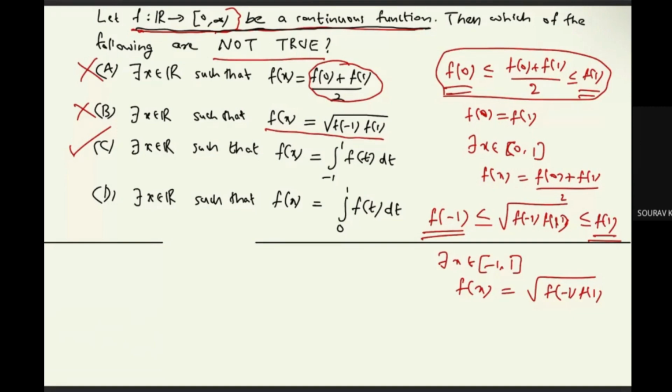So f is a function from R to 0 to infinity. When you restrict f to the closed interval 0, 1, what do you know about continuous functions on a closed interval AB? It is bounded, and it has a maximum and a minimum, right?